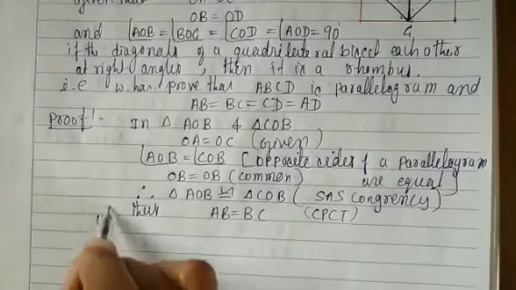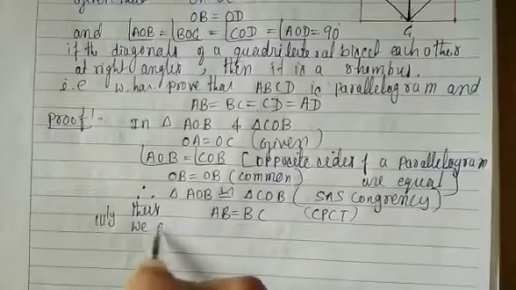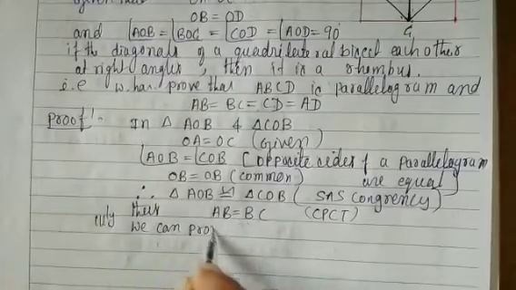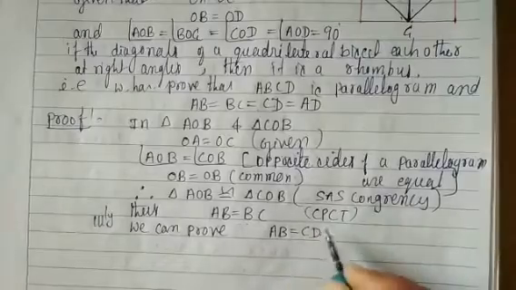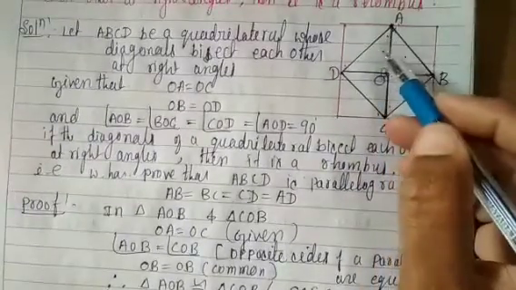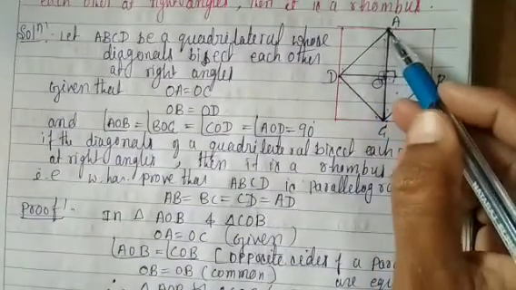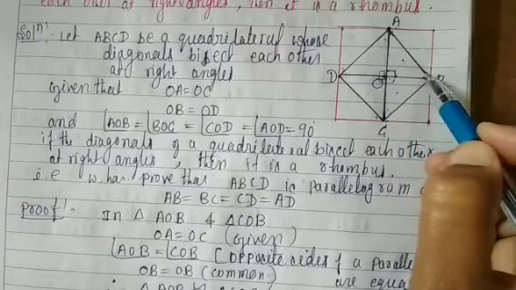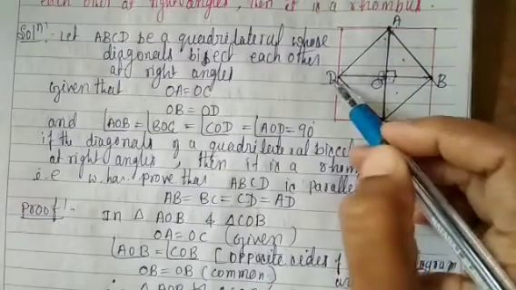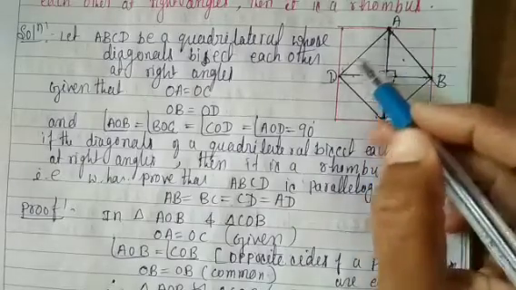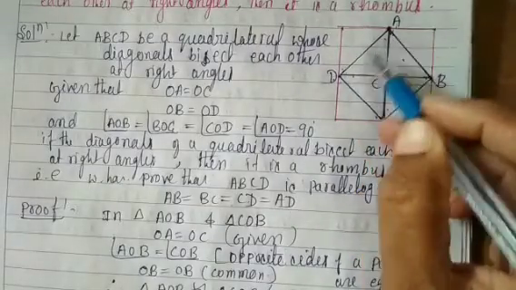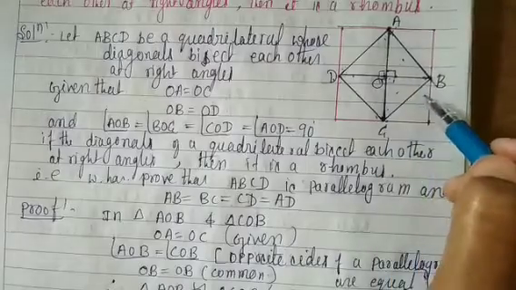Similarly, we can prove AB is equal to CD, and CD is equal to AD, and AD is equal to AB.